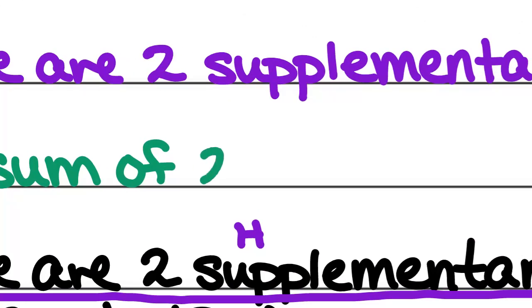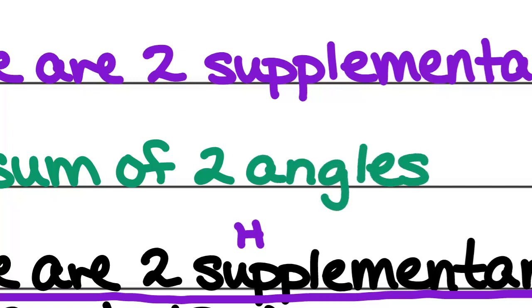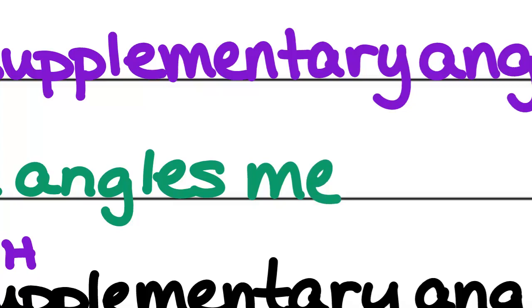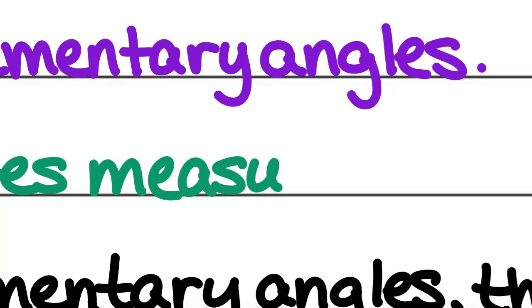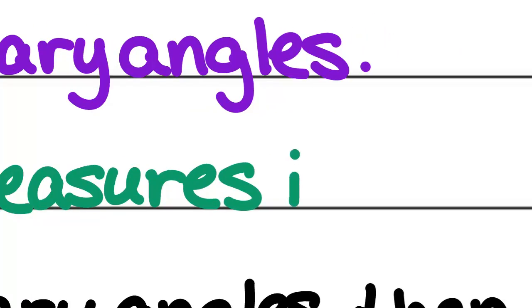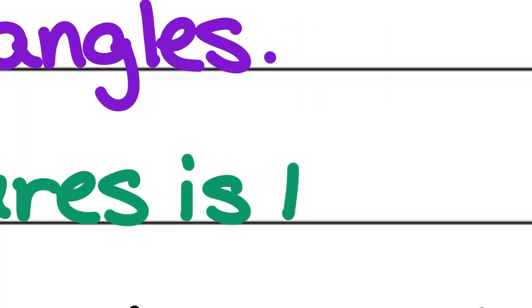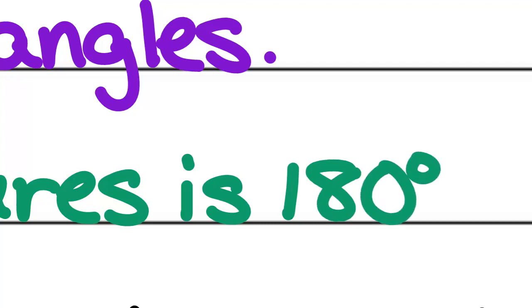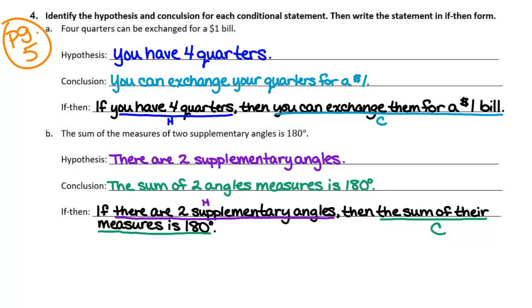The sum of two angles' measures is 180 degrees. Fantastic.